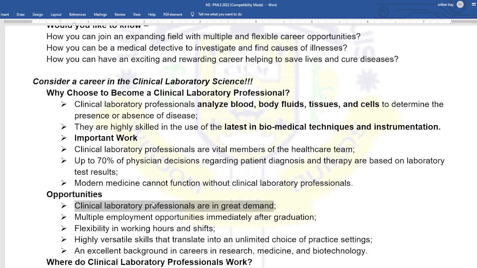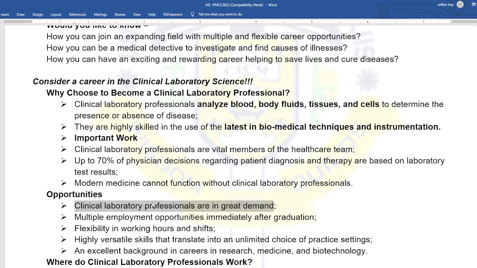There are a lot of medical conditions, a lot of diseases already, that require the input of medical technologists for them to be able to identify. Okay? Para malaman kung ano yung sakit, kailangan yung input ng medtech. Kailangan ng laboratory test result.